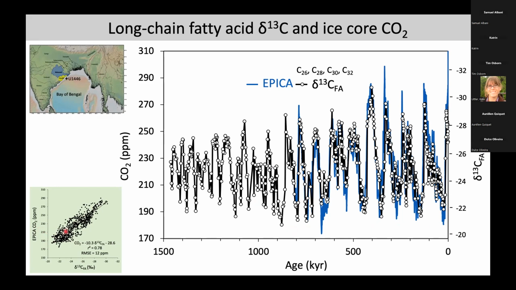If this relationship was true before 800,000 years ago, we can estimate the past CO2 concentration based on leaf wax carbon isotopes. So this is the principle of my presentation today.